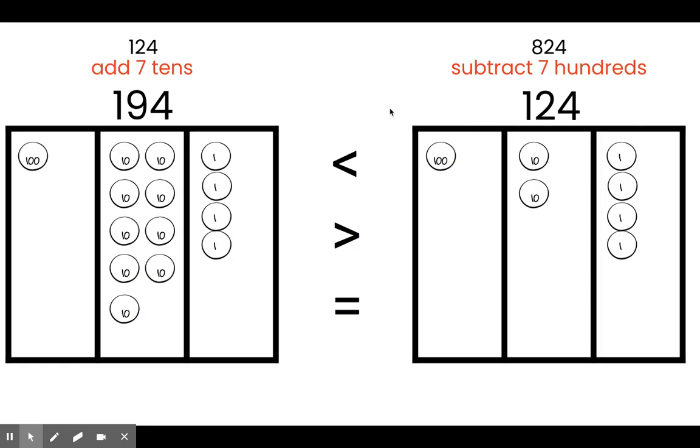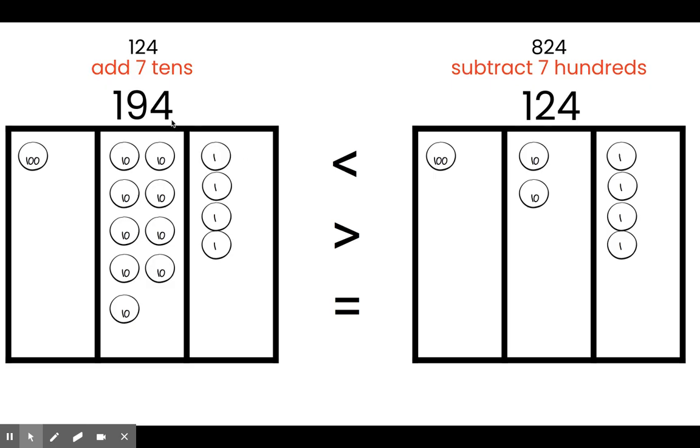Again, let's compare the units. They both have one group of 100, so in that way they're equal or equivalent. Let's go to the tens place value spot on the place value chart. 194 has 9 groups of 10. 124 only has 2. Can you tell which number is greater?